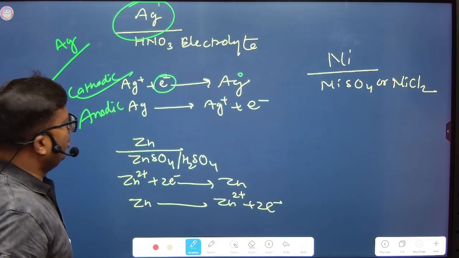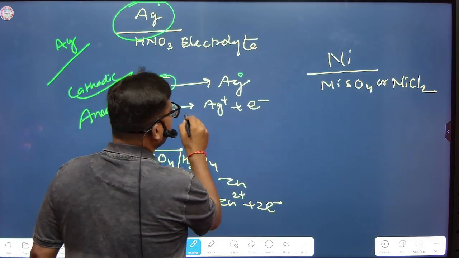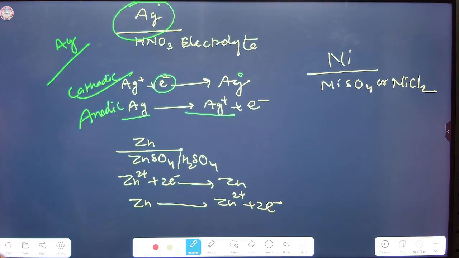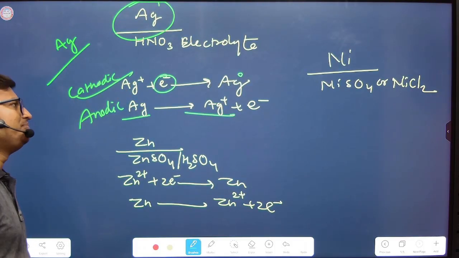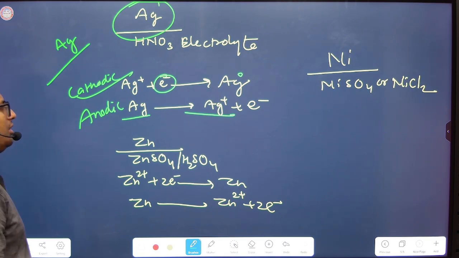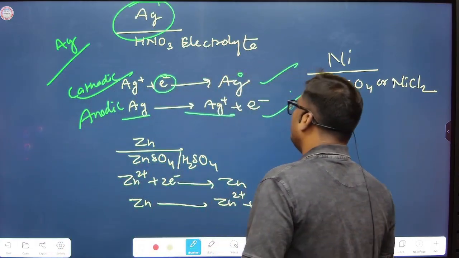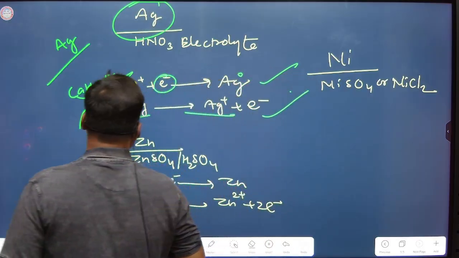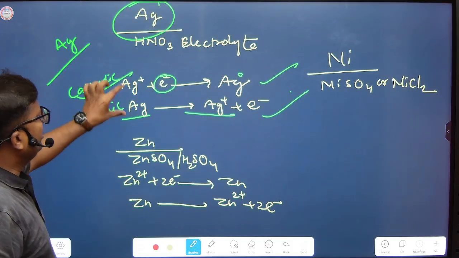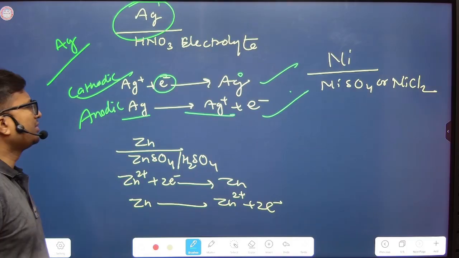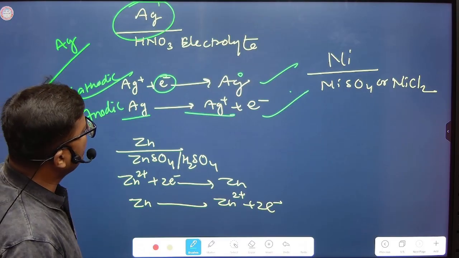At the anode, silver gets oxidized, which means the silver atom gets dissolved into the nitric acid. This is the process of reduction and oxidation between these two electrodes, and these reactions are responsible for setting up an electrolytic cell, and electrolysis is generated.